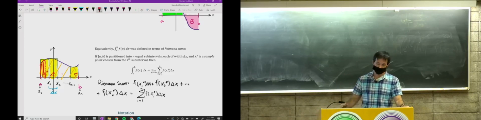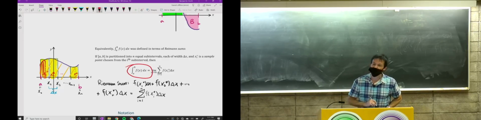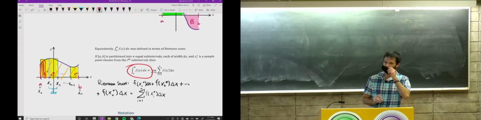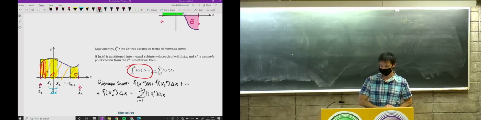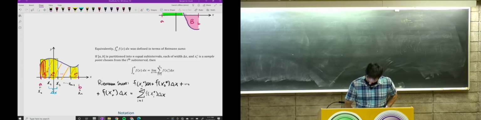In the limit that the number of subintervals goes to infinity, we get the exact area underneath the curve. In other words, the definite integral of f. That is our second and equivalent definition of a definite integral. Okay, it's the limit of the Riemann sum.